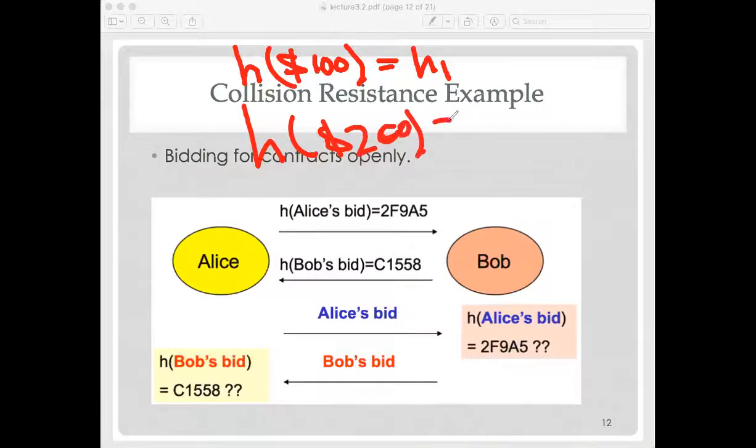فخلنا نفترض في اثنين. أليس قالت أنا بشتري I will do this project for $100, وبوب said I'll do this project for $200. And some الواحد في السيستم حط الموضوع هذا, he's looking for the cheapest price. حلو?